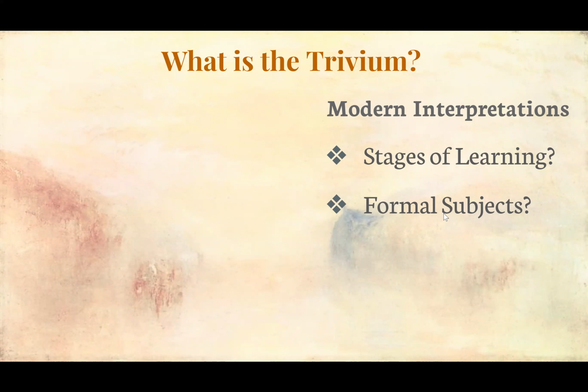Formal subjects is true to the history of the trivium, but the idea of stages of learning is a relatively new idea. Stages of learning in the neoclassical educator approach speak of the trivium as stages and of tools, and they envision a classical education that provides intellectual tools to children as they grow from unintelligent to intelligent beings.